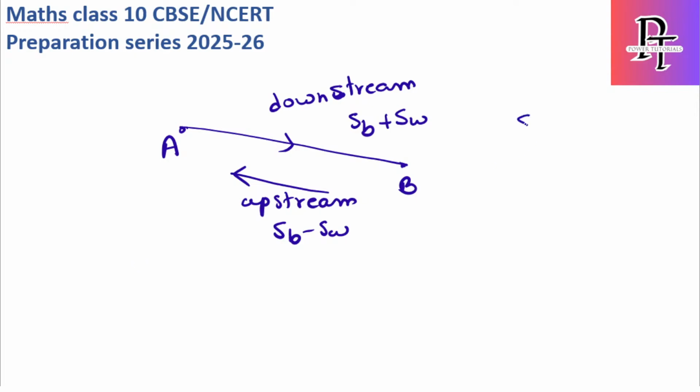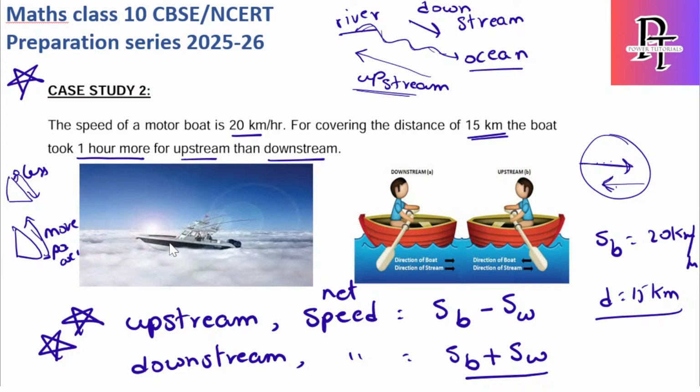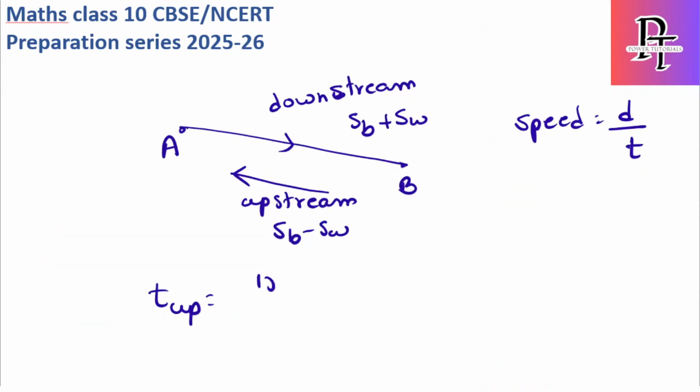Again the same formula, speed is equal to distance by time. So time is equal to distance by speed. For upstream, the distance is the same, 15 kilometers, so time for upstream is 15 by the speed of boat minus speed of water, which is 15 by 20 minus x.